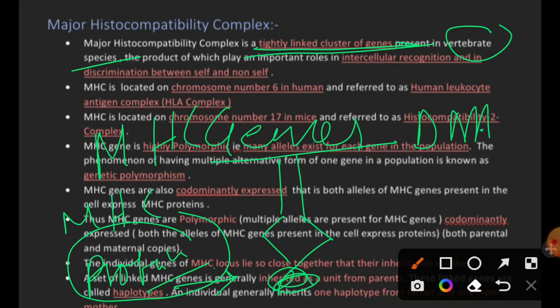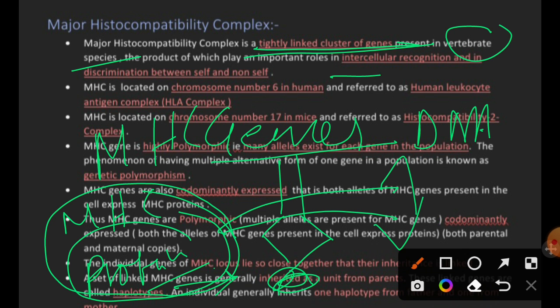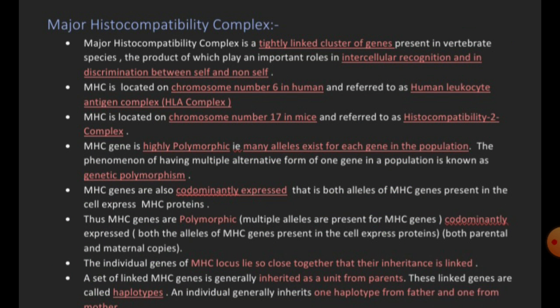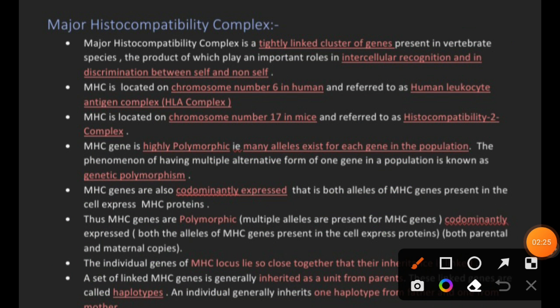The MHC proteins help in intercellular recognition and in discrimination between self and non-self. That means MHC plays an important role in discriminating which one is an antigen and which one is your normal protein.